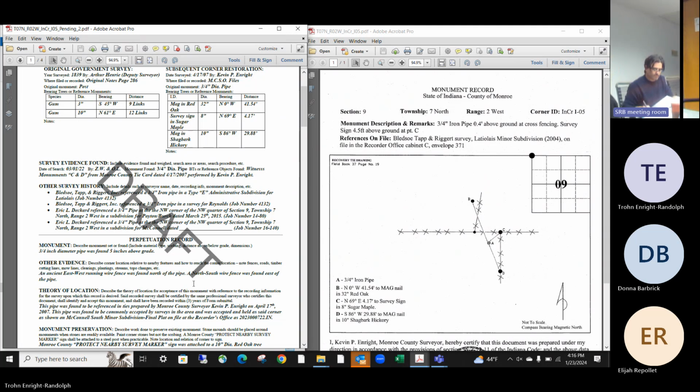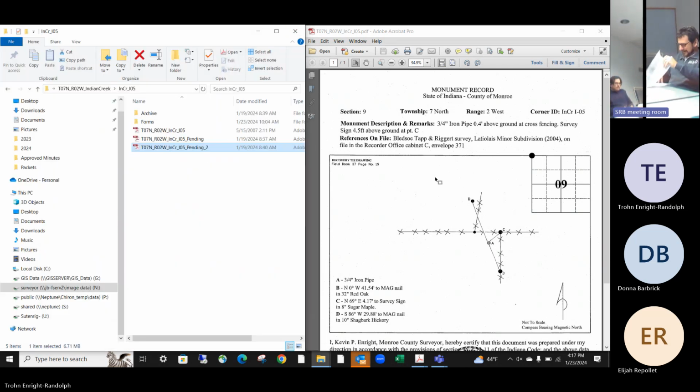Okay, motion to approve Indian Creek I05. I recuse. Well, you can still second the motion. Second. Then I'll do a voice vote. Eric Deckard? Recuse. Rachel Ozer? Aye. Aye. Okay, so motion passes, awesome.